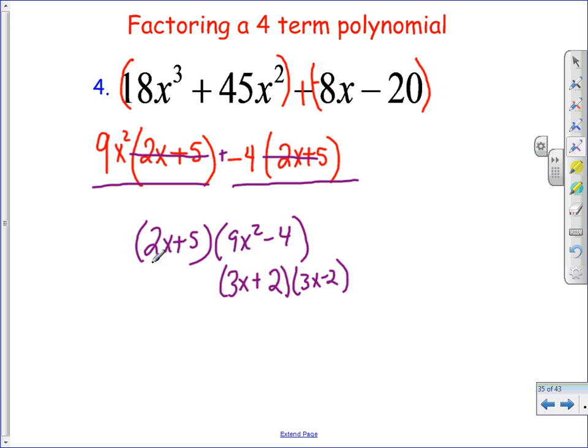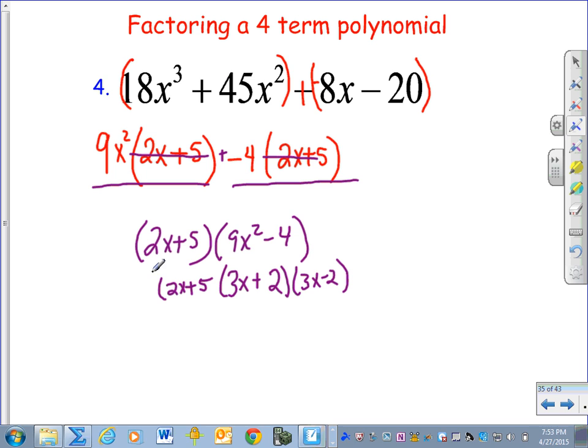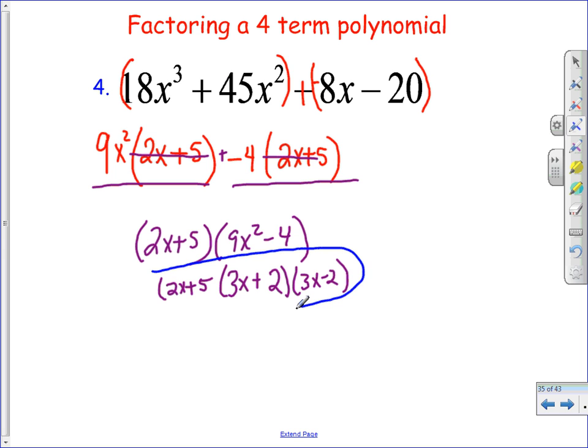Oh yeah, and don't forget about 2x plus 5. He was a factor. So again, we have 3 factors that are binomials. And that's factoring a four-term polynomial.